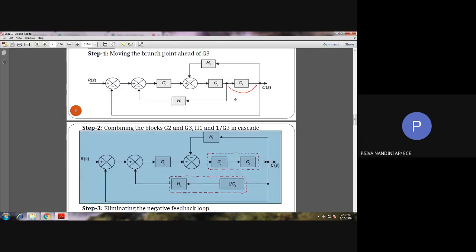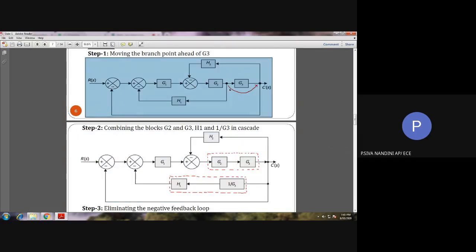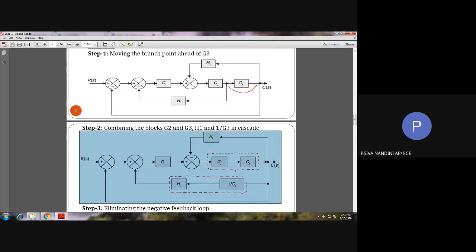See here, we have moved this branch point after the block G3. For that we have included 1 by G3 in that branch point path. Thus we have obtained the block diagram as shown here.